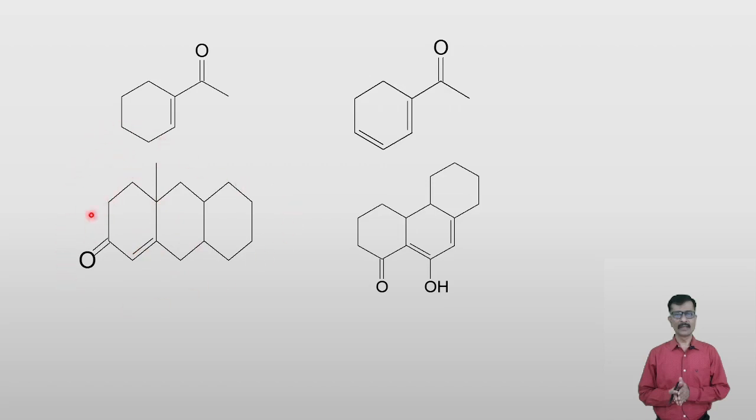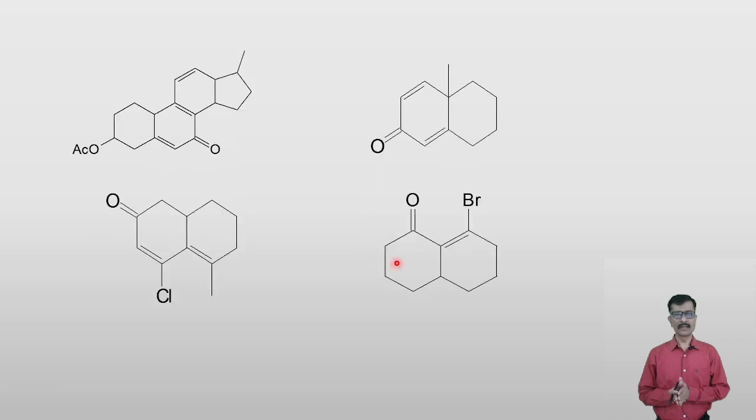Accordingly, summation of this. Here again an enone system, it's a ketone, alpha beta unsaturation, and these two double bonds are in the same ring, homoannular diene. Likewise we can go for calculation.